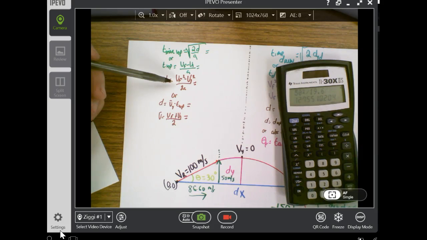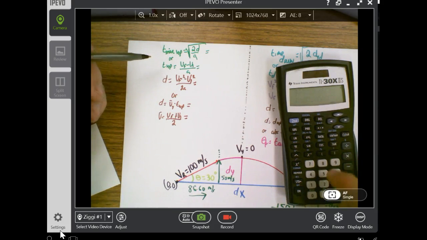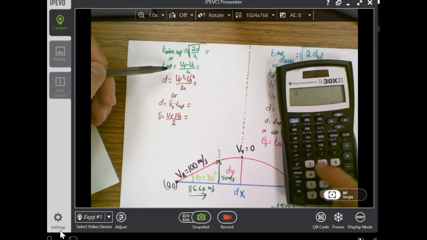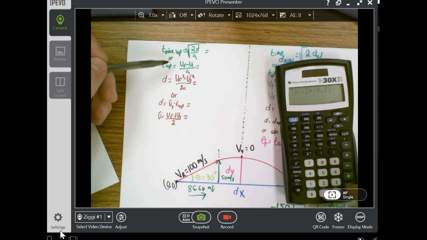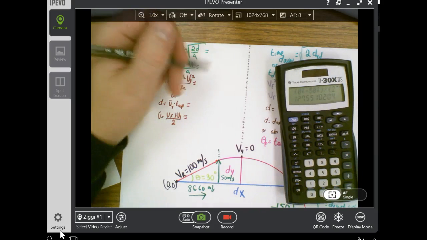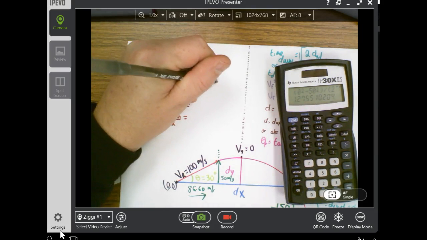If I drop it all out, yeah, 127.55. If I were to do this with the brackets, it would be quantity 0 squared minus 50 squared divided by bracket 2 times negative 9.8 in bracket. That way does that, and I get the same 127.55 meters up.